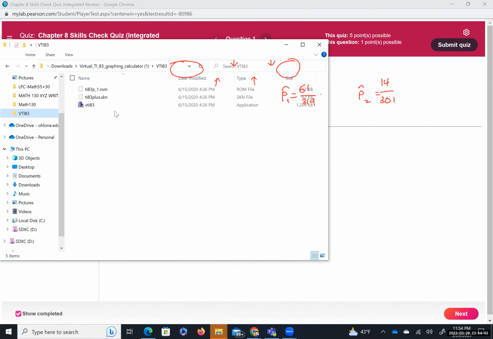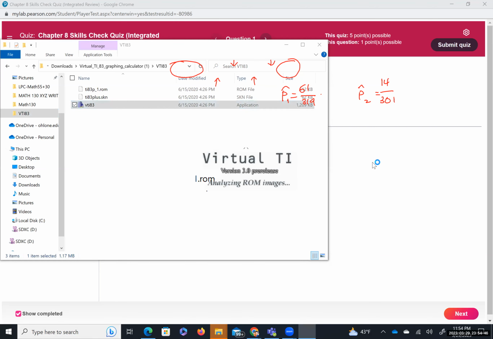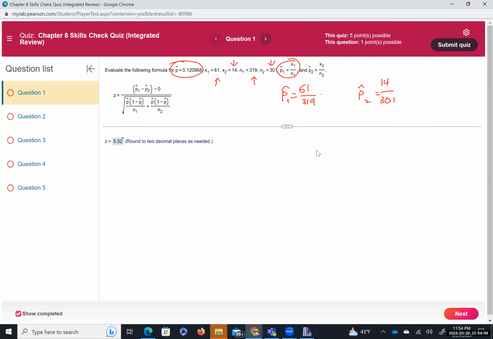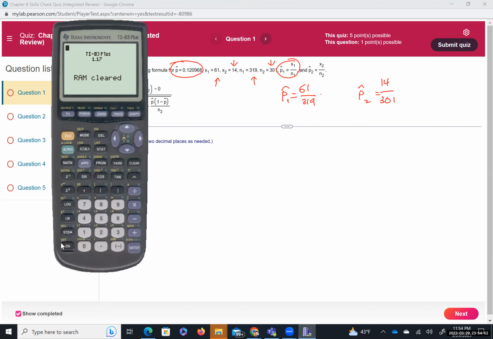So I have 61 divided by 319, and I'm gonna have a decimal number like this, but I would like to make it in fraction form.